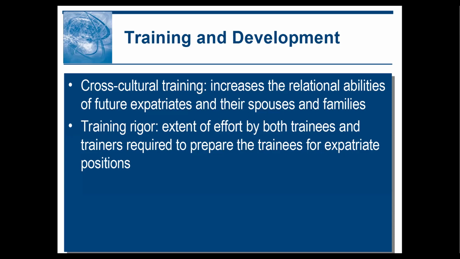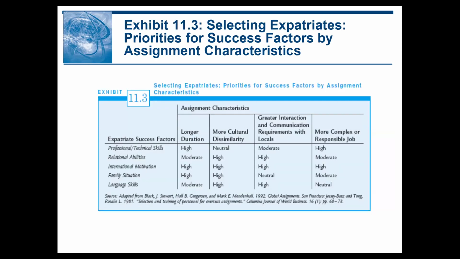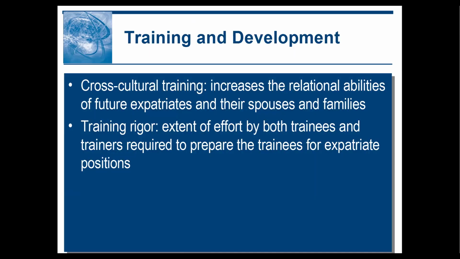Extended effort by both trainers and trainees is required to prepare the trainees for expatriation. For example, if language skills are highly needed, then your language training program needs to be tougher.